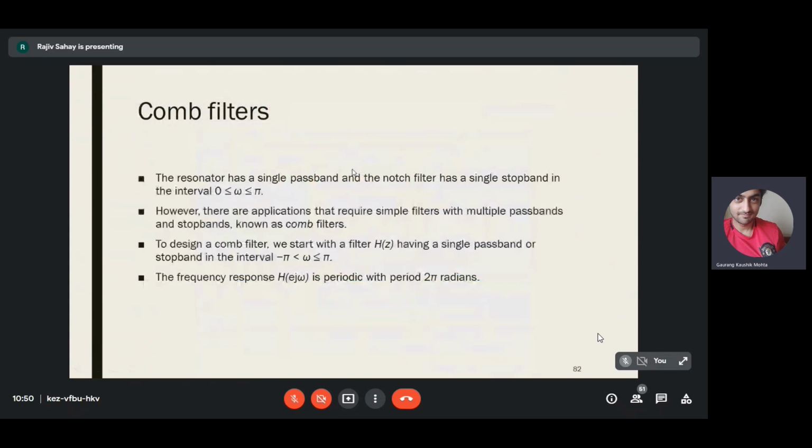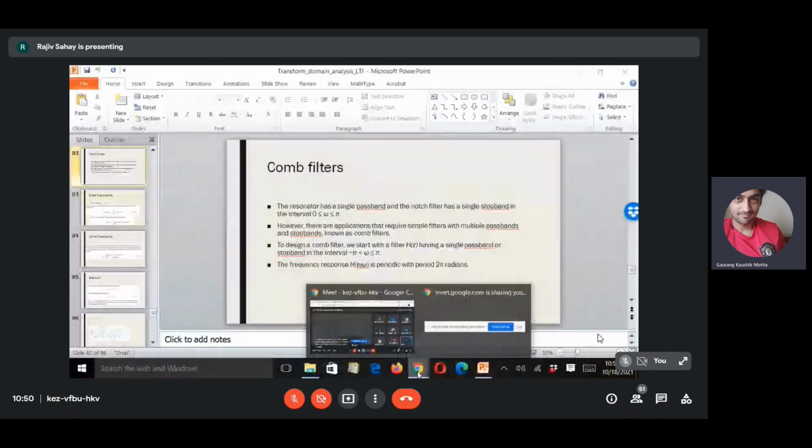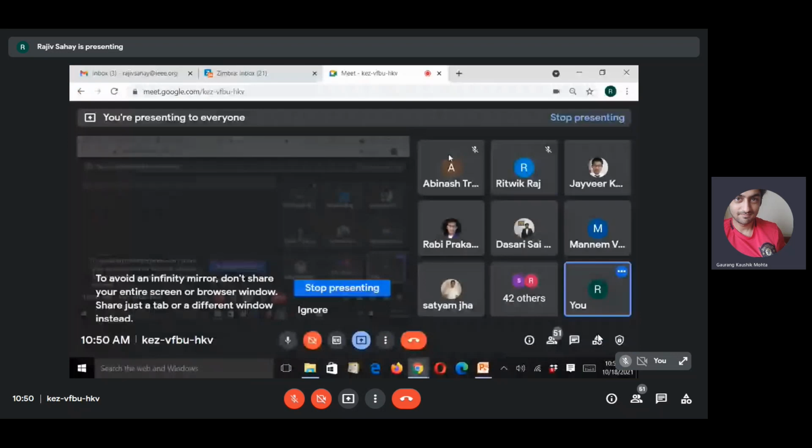Sir, your voice is breaking. You are not properly audible. Are you able to hear me clearly, everyone? Sometimes it's lagging a lot. Okay, let me change my SIM card. Let me try to connect another SIM.